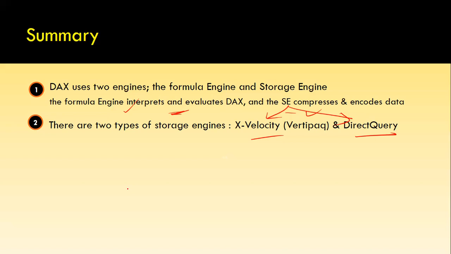VertiPaq is used for in-memory storage, and DirectQuery mode is used for direct connection to external sources. They both create data caches and send them to the formula engine for DAX query evaluation. You need to remember this.